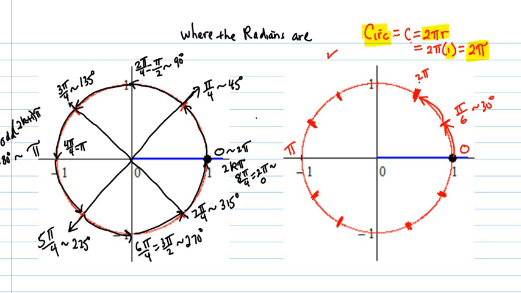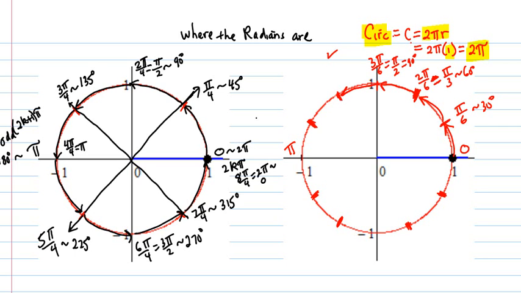That's 2 pi over 6, which is equal to pi over 3, coterminal to 60 degrees. Go another pi over 6, that's 3 pi over 6, which reduces to pi over 2, which is 90 degrees.